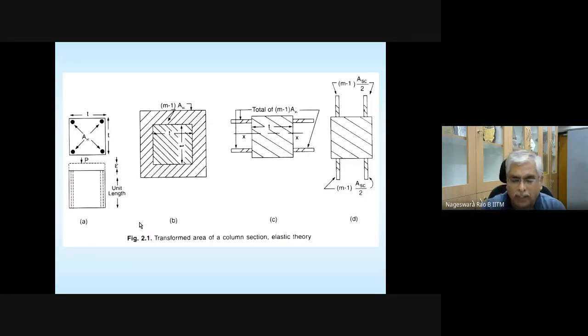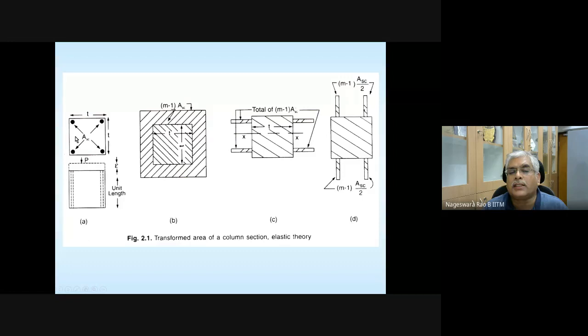So now whatever we discussed, we can actually put it in the form of a figure. Whatever equivalence we mentioned in the form of equations and other things, we can convey that message using figures. So this reinforced concrete column is there with rebars in compression, four rebars at 4 corners.